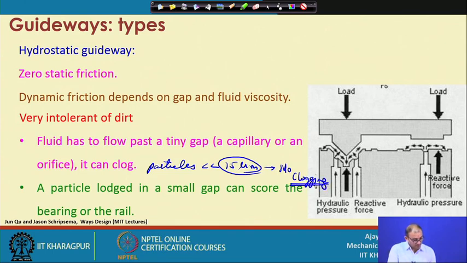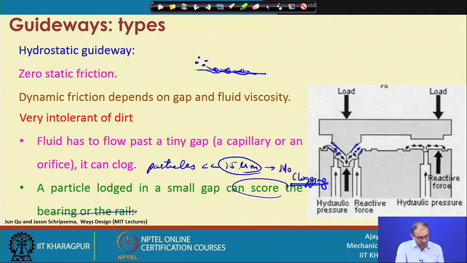But what is happening here is that if it is a small particle, now consider these are the small particles, and we know that this whole thing is a closed loop circuit. So this particle may again come into contact with these surfaces, rubbing against them. Not in a short duration, but after a long period of usage, the surface may get some deformation or removal, that is abrasion wear, and because of that there is scoring of the rail.